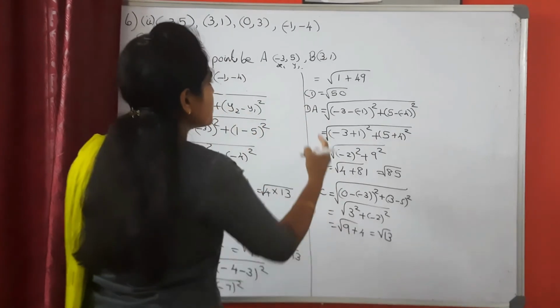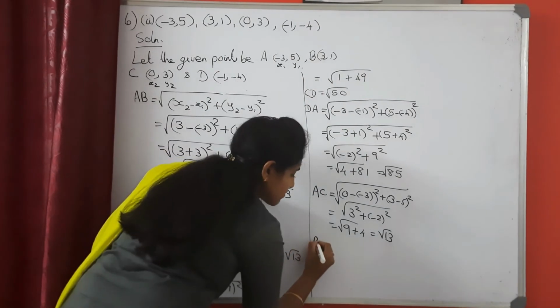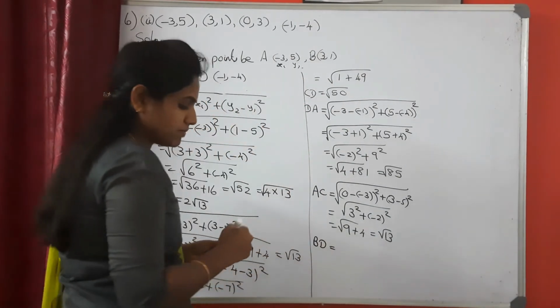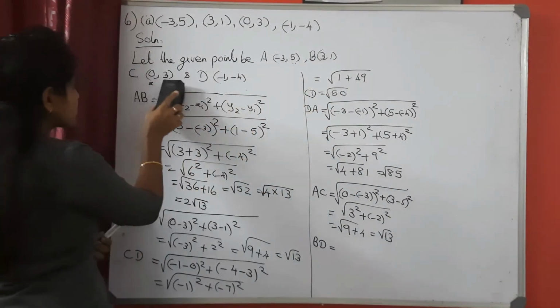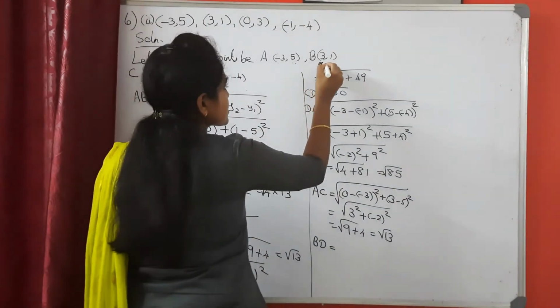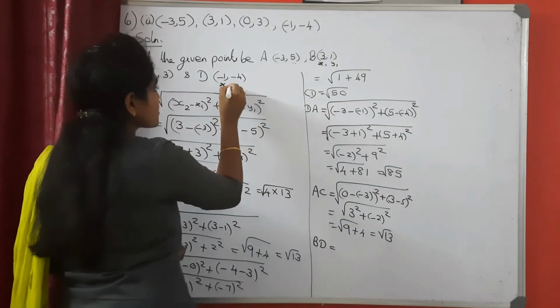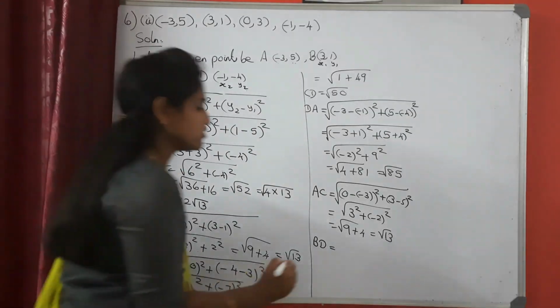Next we need to find one more diagonal, BD. Now this is x1, y1 and this is x2 and y2 value. So what is the formula?